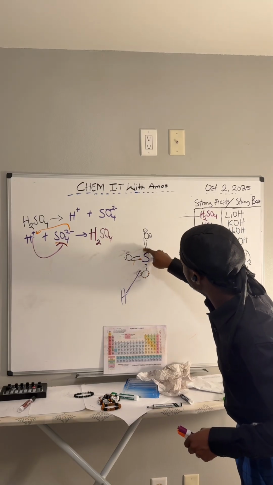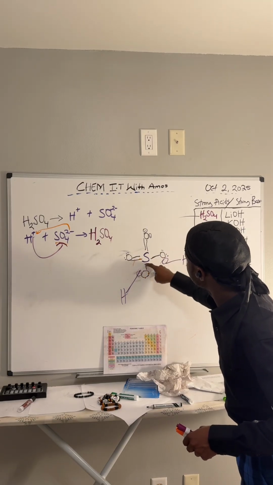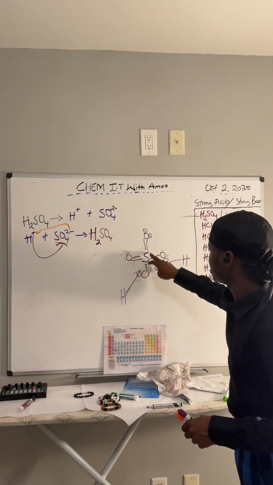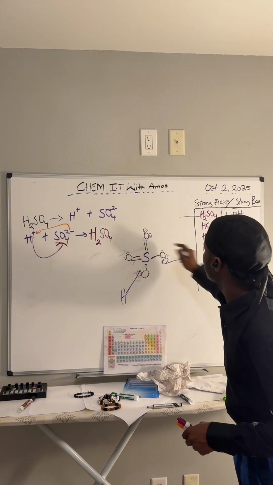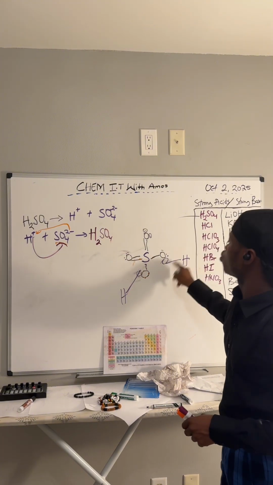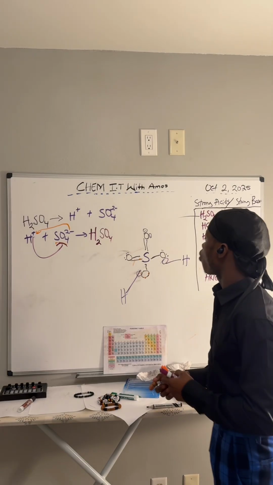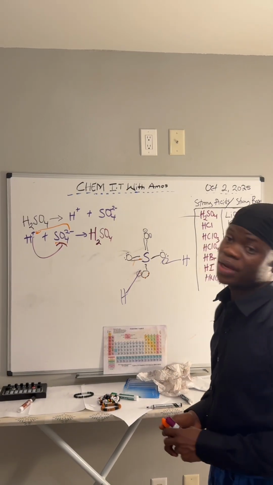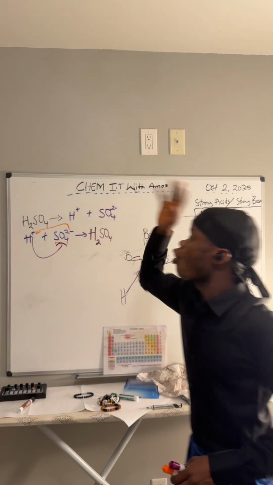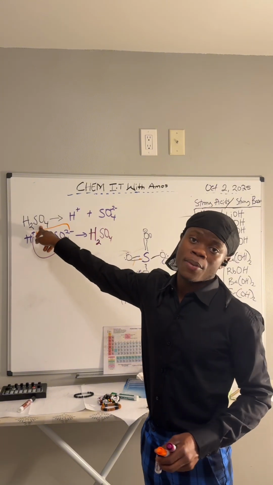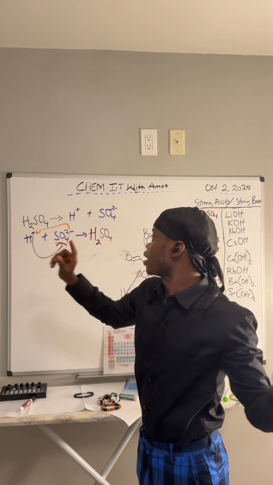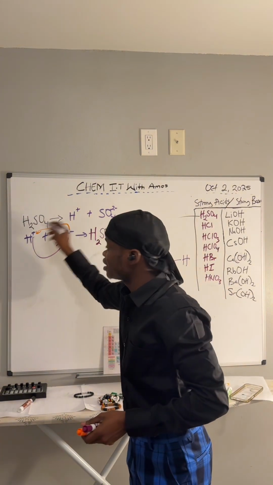The S becomes 1, 2, 3, 4, 5, 6, then the shared 7, 8. It's satisfied. Then this becomes 1, 2. It obeys the duplet rule. So S obeys the octet, O obeys the octet, and H obeys the duplet rule. So they become a covalent compound right here because they share electrons. In this case, you saw us doing arrows like this, but they never transfer.